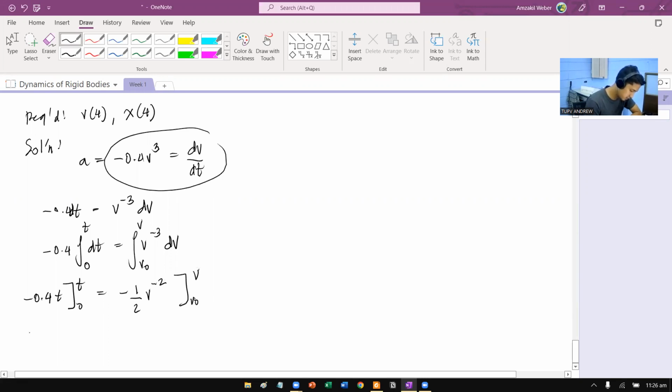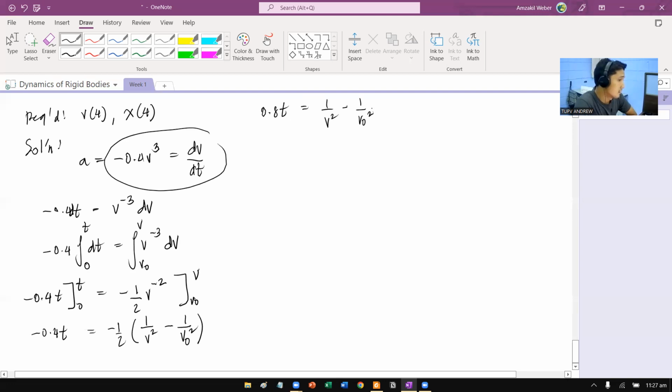So the final is negative 0.4 t is equal to negative 1/2 times (1 over v squared minus 1 over v naught squared). Let's simplify this. Negative, negative cancel, 0.4 times 2 is 0.8. 0.8 t is equal to 1 over v squared minus 1 over v naught squared.